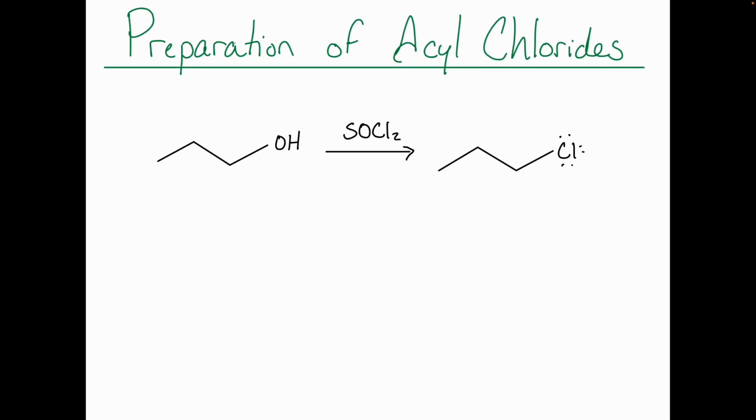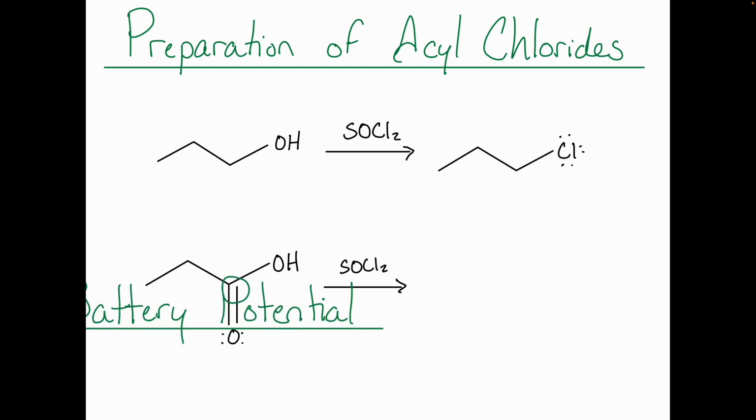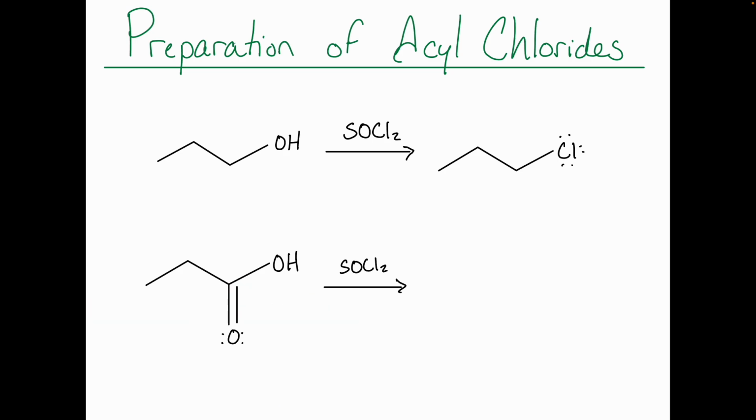And it turns out that if instead we were to take a carboxylic acid, and we treat it with that same reagent, that same thionyl chloride, we get the same phenomenon, where that hydroxyl group is replaced with a chlorine.